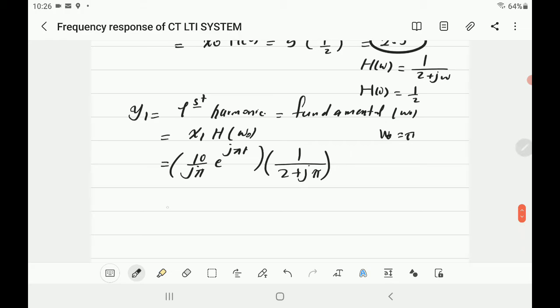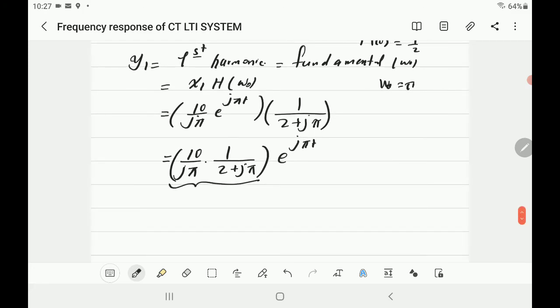We have 10 over j pi, and you have e to the power of j pi t. That's not inside the magnitude. Then you add here 1 over 2 plus j pi. So that will be the coefficient of e to the j pi t. So you need to find the magnitude of this one.